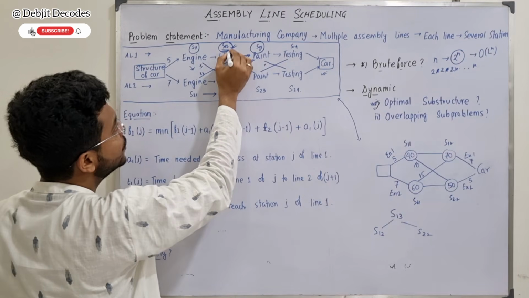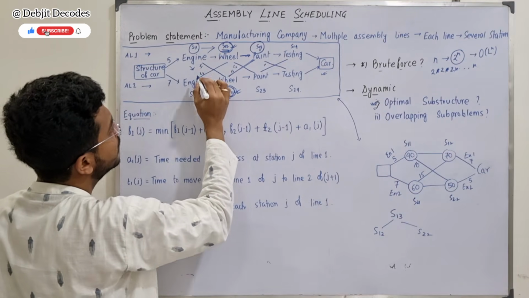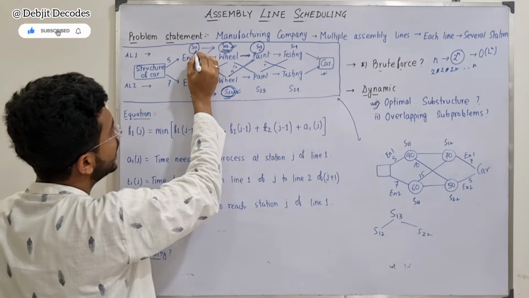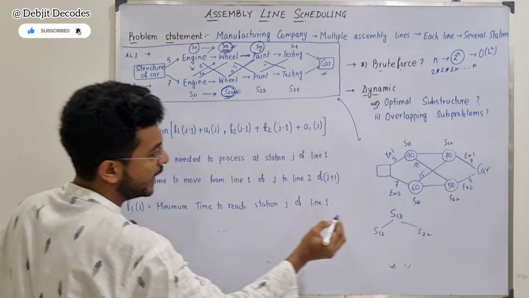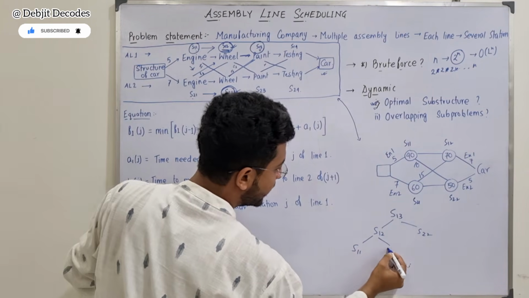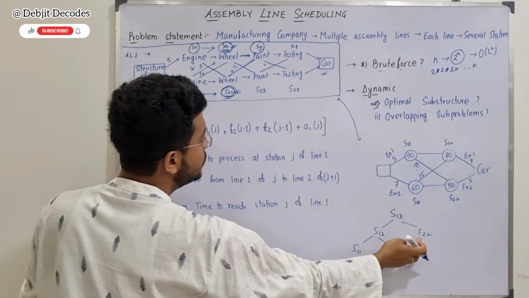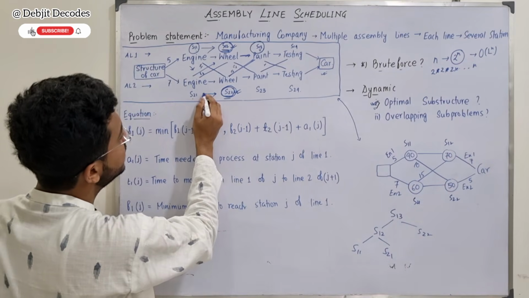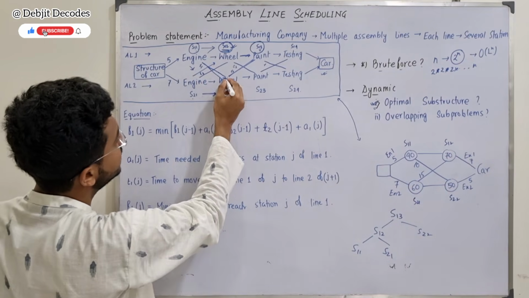Now if you see, S12 is either coming from this path or this path, that is S11 or S21. Next, S22: either it is coming via this path or this path.